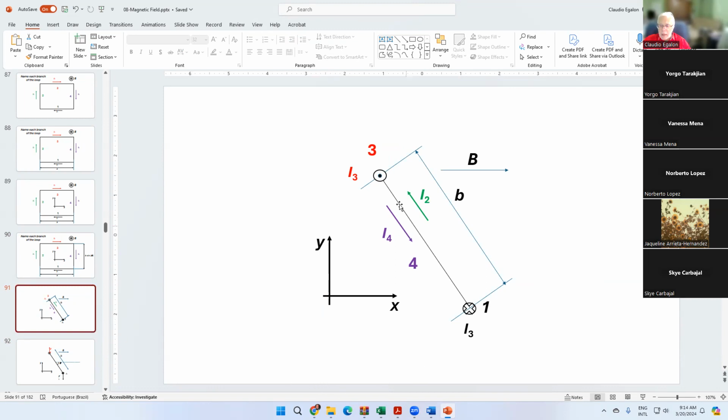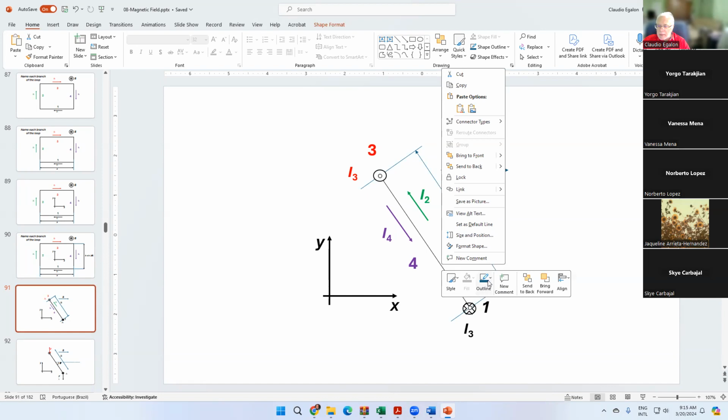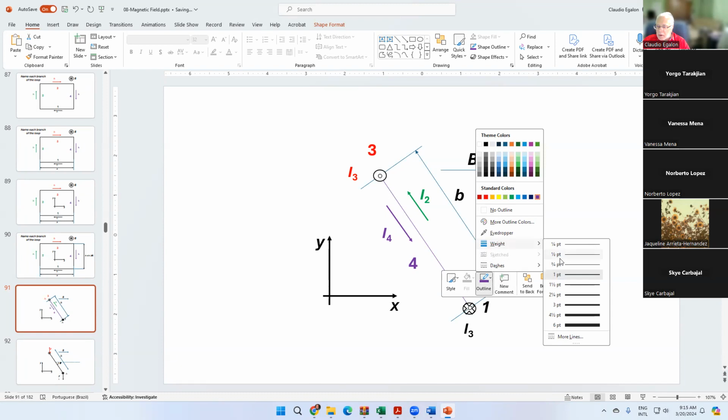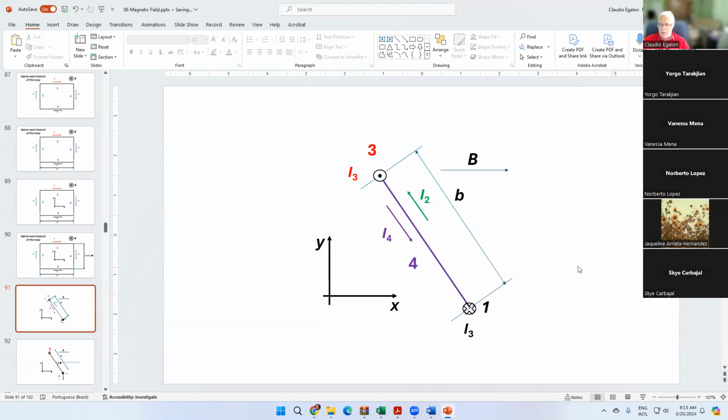So what's happening here? The top branch of the wire is wire number 4. The bottom one that's coinciding with the 4, so you cannot see behind, is going to be wire number 2. I can even put that with this color and make it thicker so you can visualize the wire better. The green one is just behind this one that you can barely see because it's lined up.